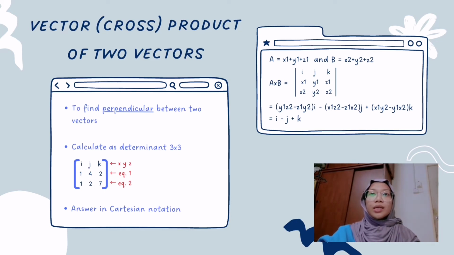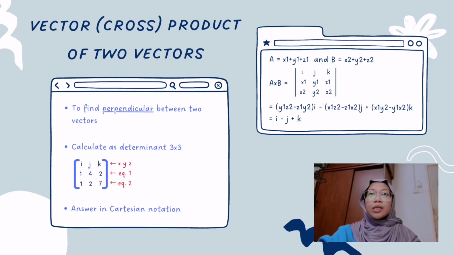So we can see here A equals x1 i plus y1 j plus z1 k, and B equals x2 i plus y2 j plus z2 k. So the cross product of A cross B will be the determinant of i, j, k, x1, y1, z1, x2, y2, z2.